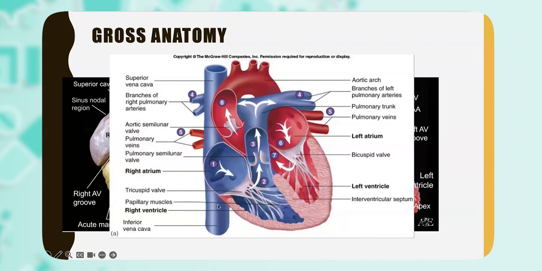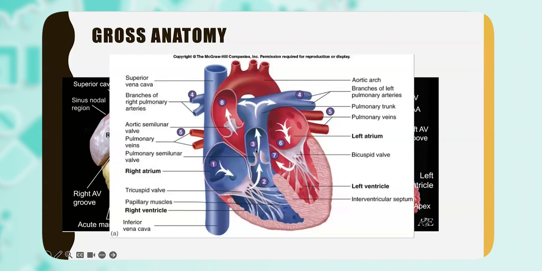Blood comes from the two systemic veins, SVC and IVC, and drains into the right atrium, which again drains the blood into the right ventricle. In between, we have the tricuspid valve, which has three cusps and lots of chordae tendineae, which attach to the papillary muscles in the wall of the right ventricle.